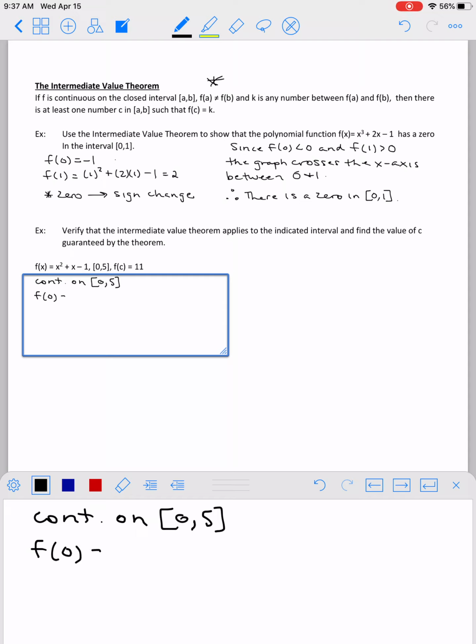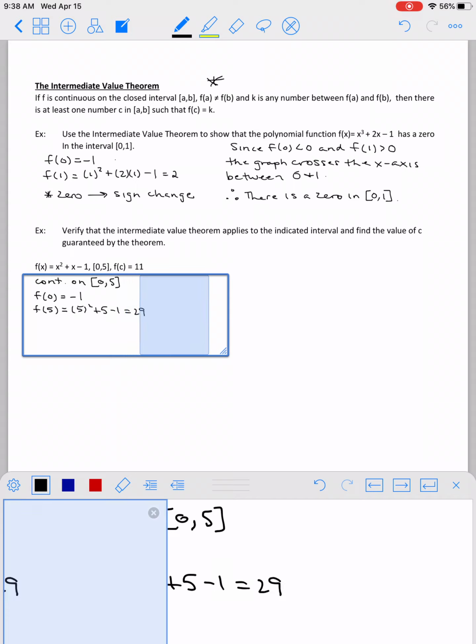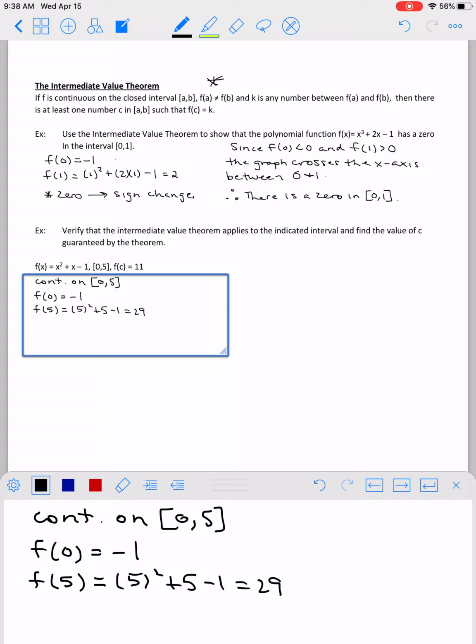So f of 0, plugging it into my function, is -1. And f of 5, plugging that into my function, so 5 squared plus 5 minus 1 is 29. Okay, so we've got that. And we also know that that value, 11, needs to be between those two numbers for it to hold.